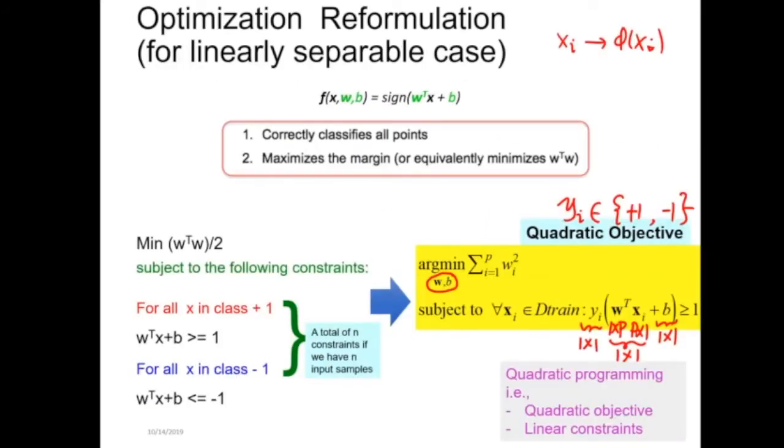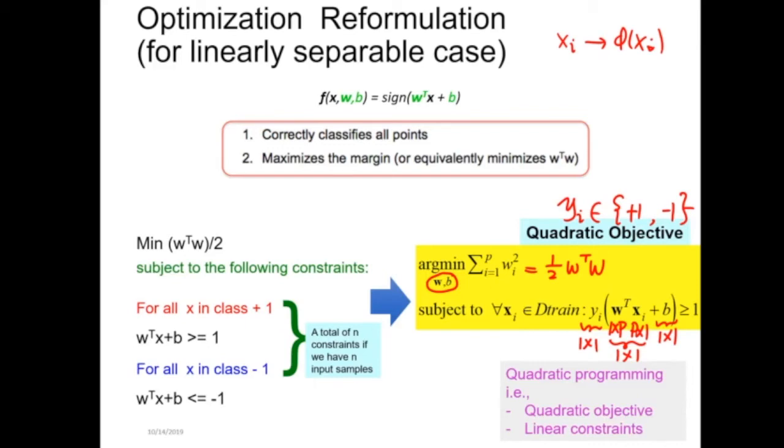So let's go back. This is my objective function, equivalent to 1/2 W transpose W. So I maximize the margin while requiring my parameters to make sure all the training points are predicted correctly.